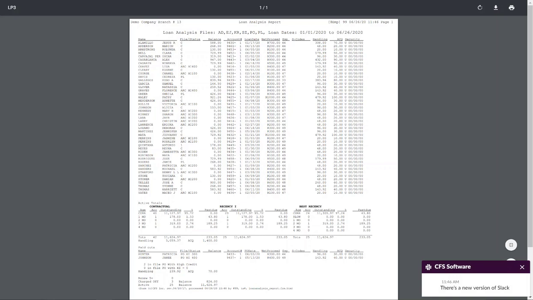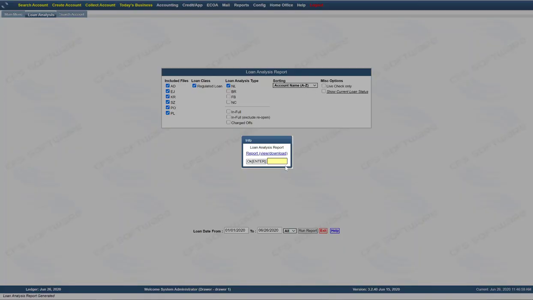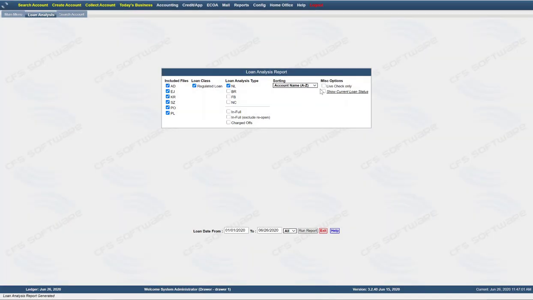But if you want to know if those first loans were renewed or turned into additional loans during that period, you come here and check show current loan status, and it will show you if the new loans went to a second loan or a third loan or a fourth loan and so forth between that time period.